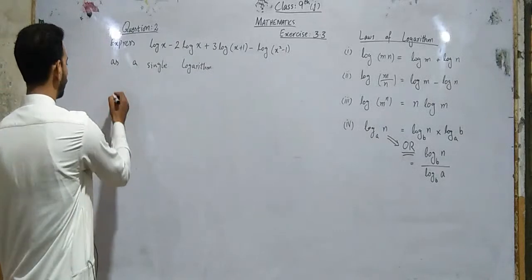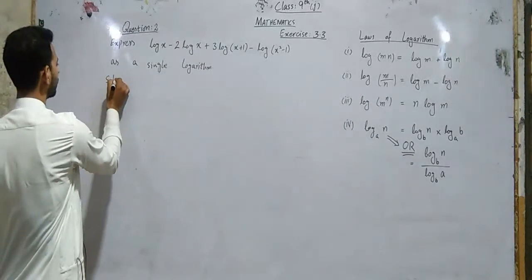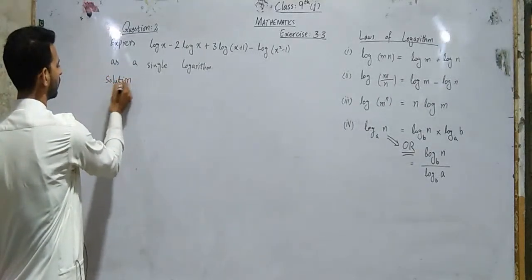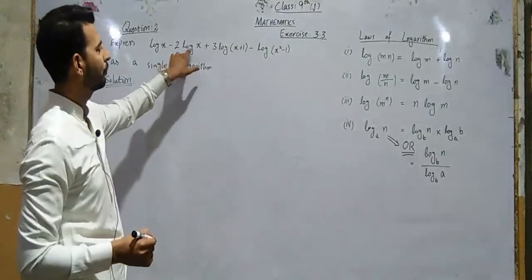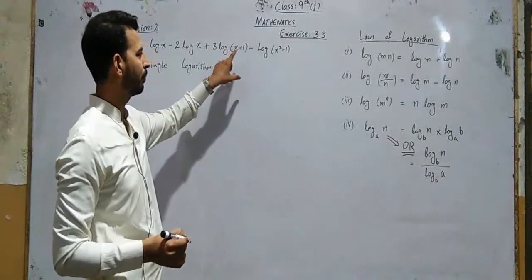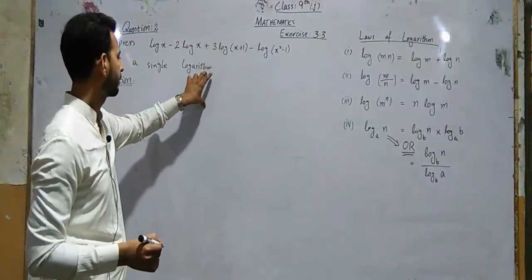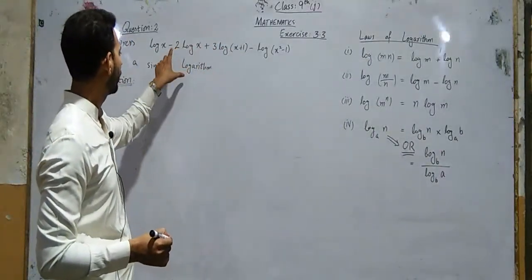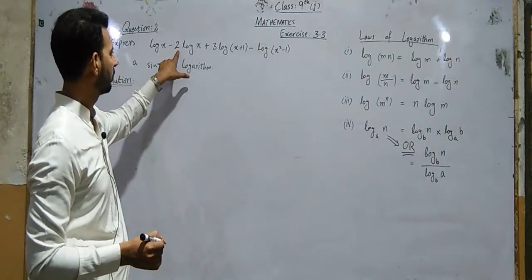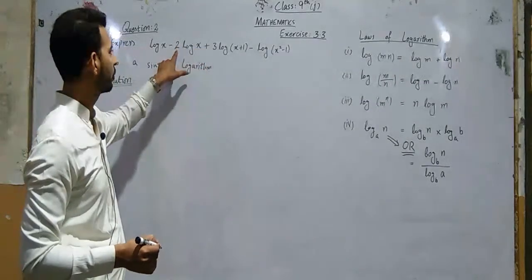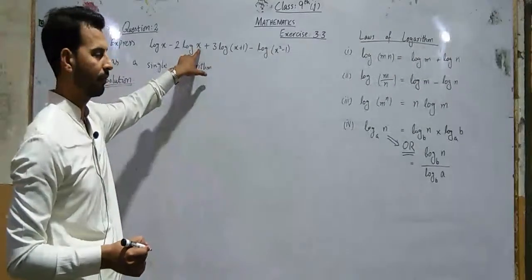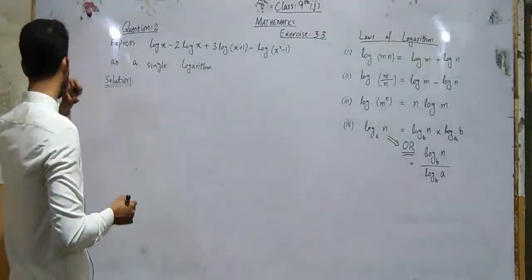Now first of all, we will solve the power part of it. Like if 2 log of x is written, then we know that 2 is the power of x. So we will just convert it into that.